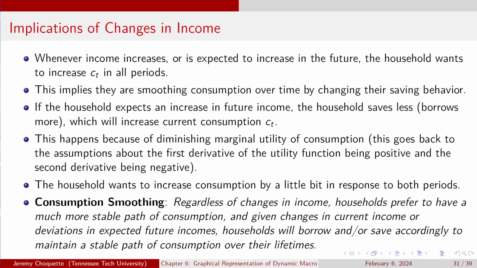And this happens because of diminishing marginal utility of consumption, which goes back to the assumptions about the first derivative of the utility function being positive and the second derivative being negative. The household wants to increase consumption by a little bit in response to both periods. And this is where we get consumption smoothing. The definition of that is, regardless of changes in income, households prefer to have a more stable path of consumption. And given changes in current income or deviations in expected future incomes, households will borrow or save accordingly to maintain a stable path of consumption over their lifetimes.